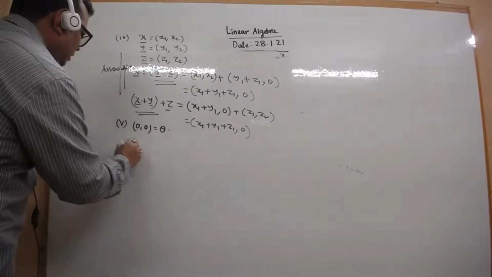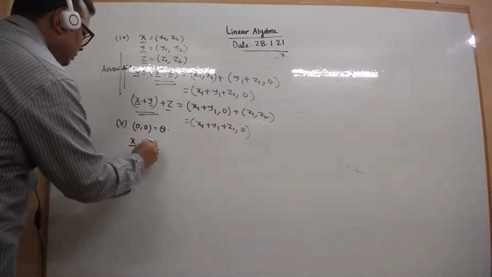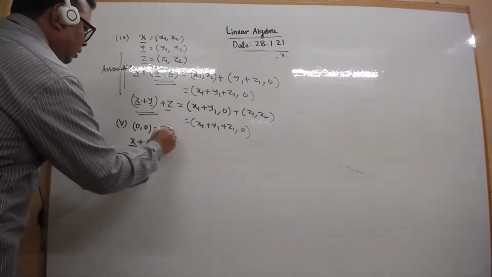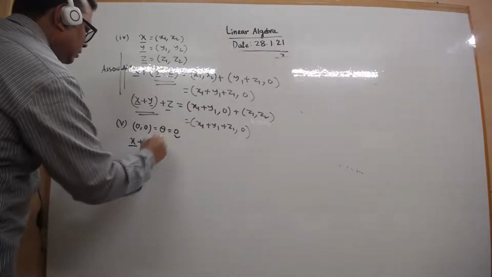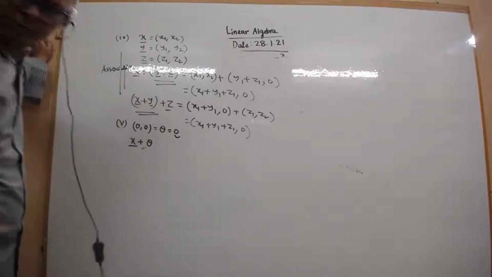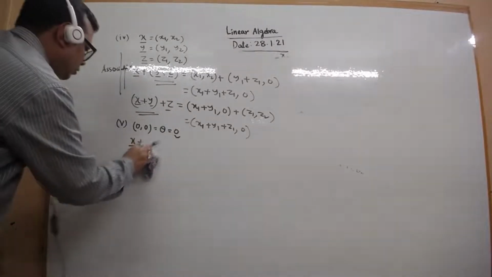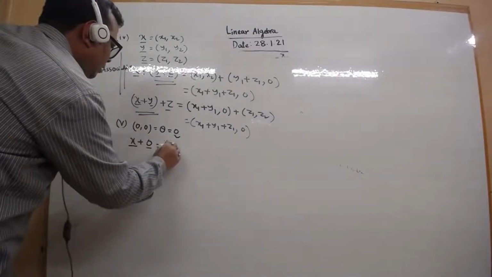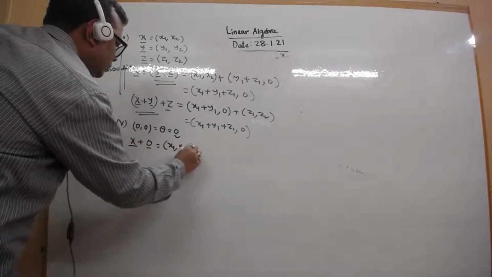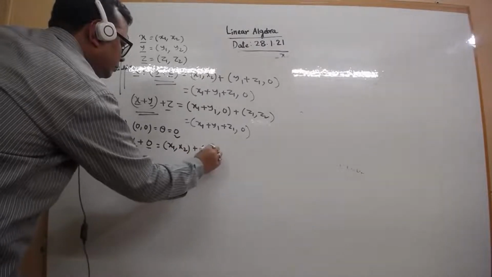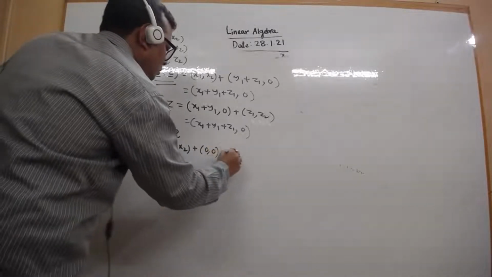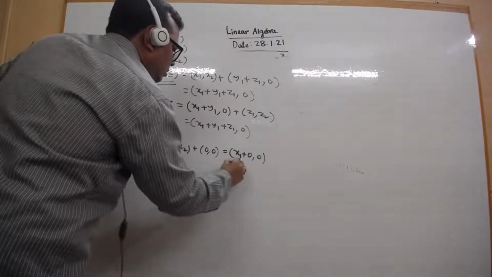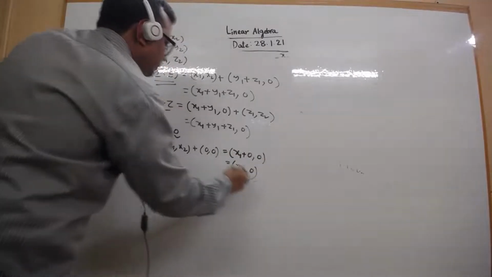Then x curl plus theta, or we simply write x curl plus 0 curl, is (x1, x2) plus (0, 0), equal to (x1 plus 0, 0), which is (x1, 0).